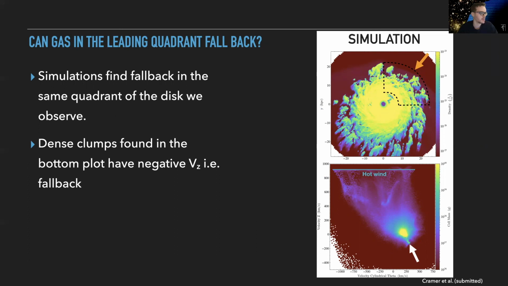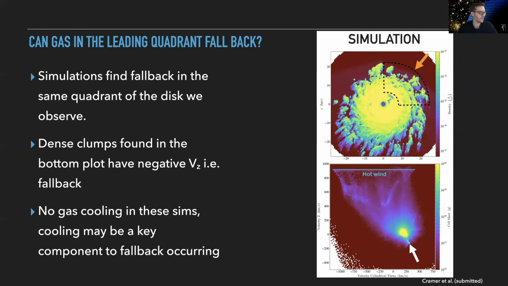There appears to be almost no gas that's rotating slower than the rotational motion due to that conservation of angular momentum. One thing I want to point out is these sims include no gas cooling, which could be a key component to fallback occurring that we see in observation. So there's a lot to learn still about the mechanisms behind why gas falls back.